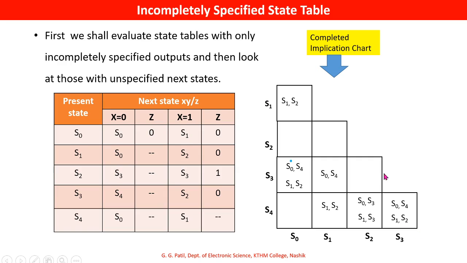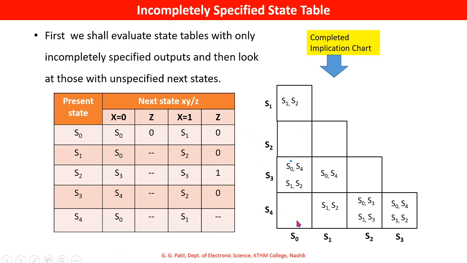See here, the state table is taken and the implication chart has to be filled. As we know how to draw the implication chart, the five states S0 to S4 are along the column, where we take all the states except the first one, that is S0 is missing, while the rest of the states are taken along the row, taking the first four states while the fifth state S4 is missing.